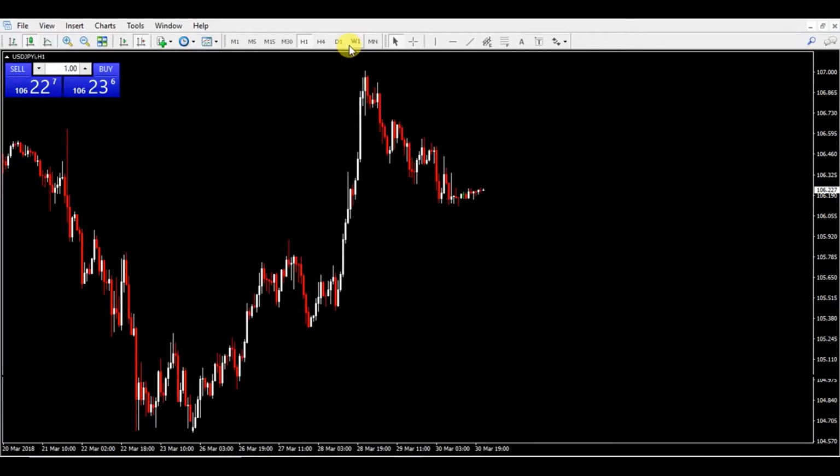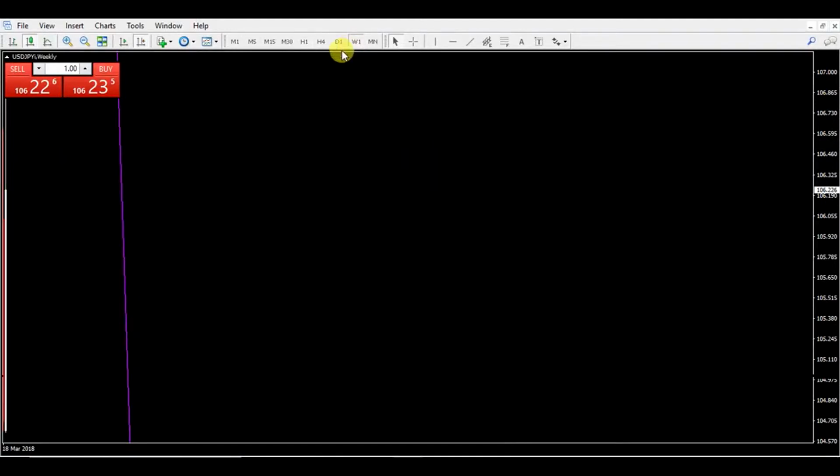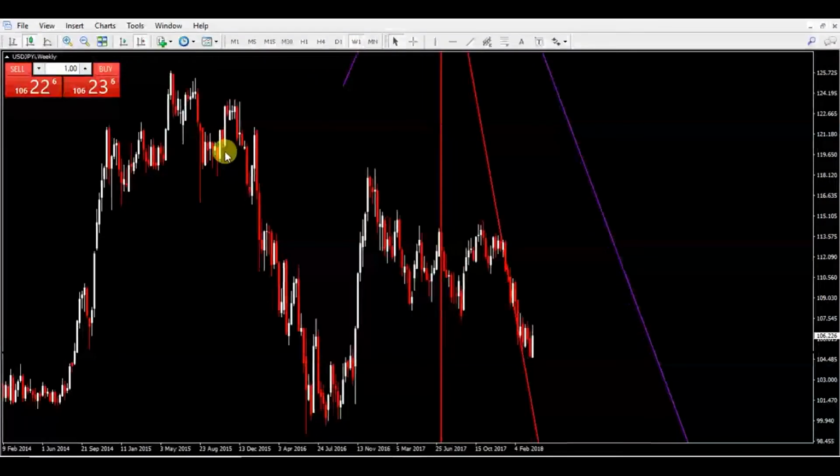But until price actually gets to these weekly and daily support resistance areas, we don't really care what the market is doing in between time, because only at these zones are we interested in taking a position, because we're going to get the biggest reaction. So I mean, that's pretty much common sense.